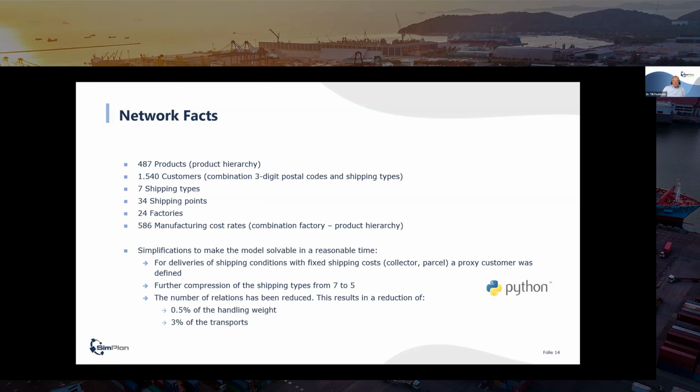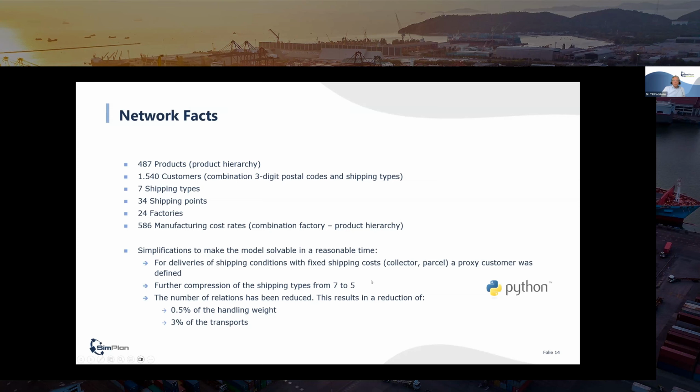And to make the model solvable in a reasonable time, we need to apply further simplifications. For example, we added a proxy customer for shipping types with fixed shipping costs, collectors, for example, and parcel service. And we further compressed the shipping types from initially 7 to 5.